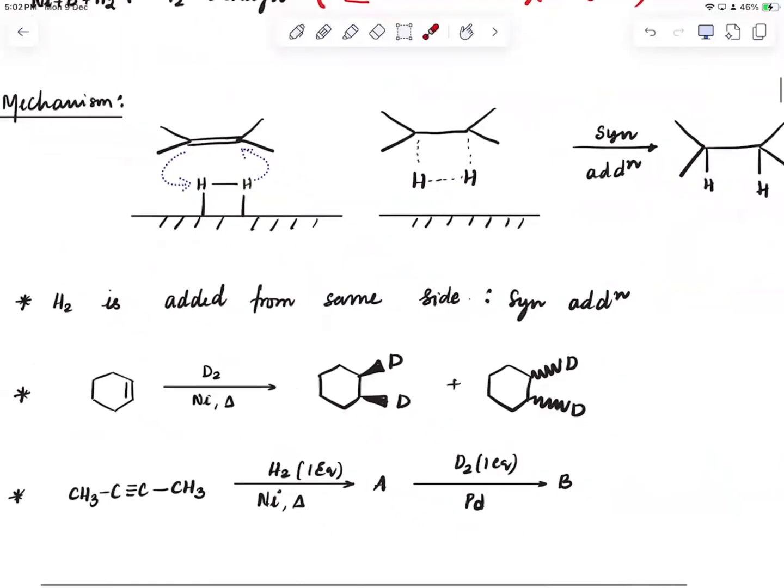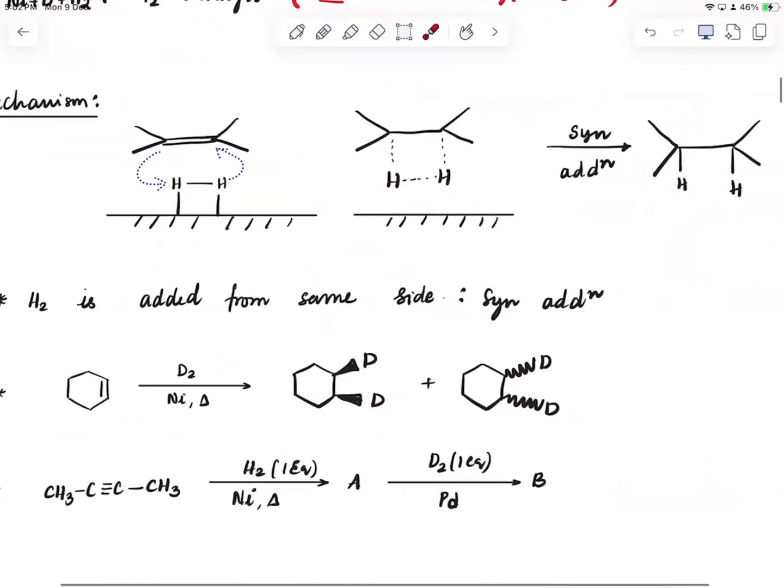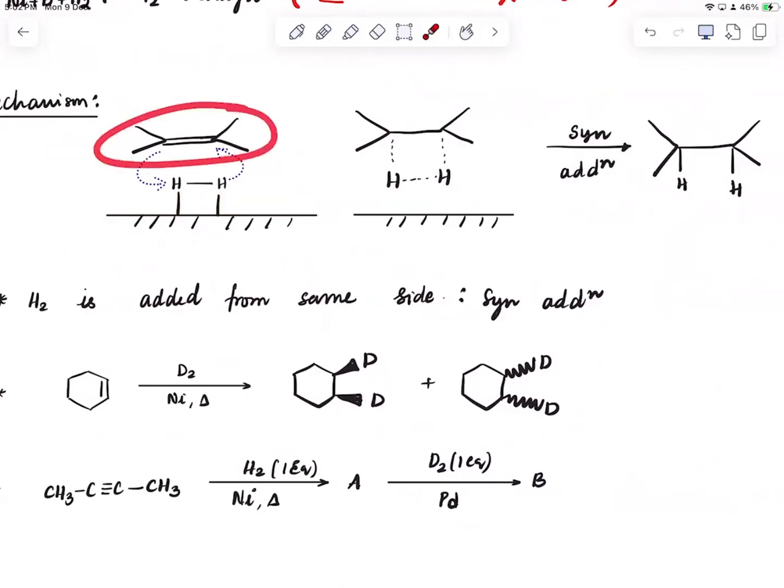See, how does the mechanism typically work here? This is a metal surface. On the metal surface, hydrogen first gets adsorbed in the grooves, and then an alkene or an alkyne will come close to the vicinity of these hydrogens, and that's where the bond cleavage can take place. It can convert into radicals.